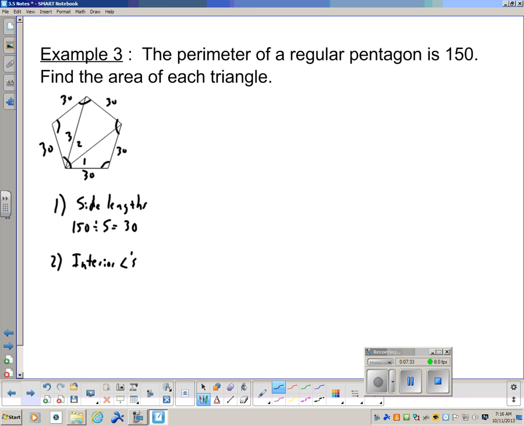To find those, I can take 180 times n minus 2, and n being the number of sides. So 180 times the number of sides of this pentagon, which is 5. So 180 times 3 gives me 540.